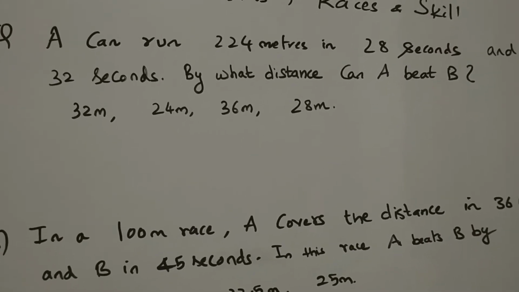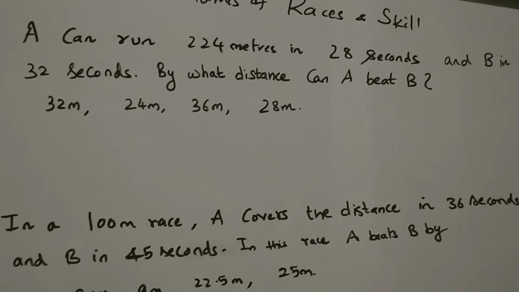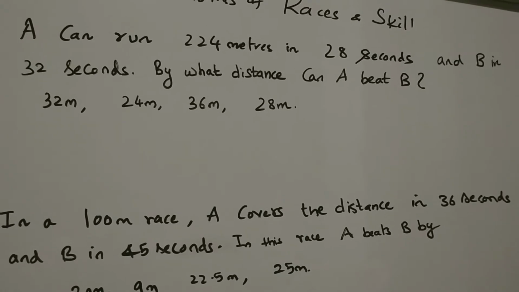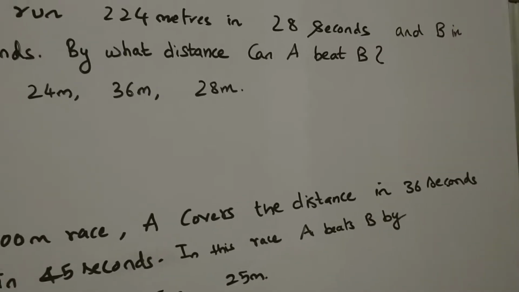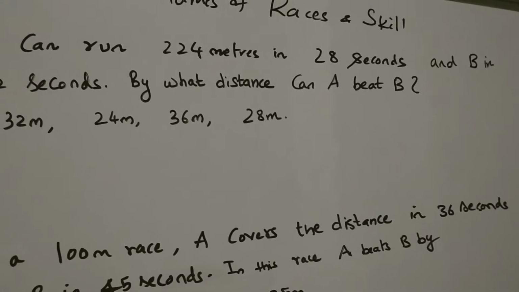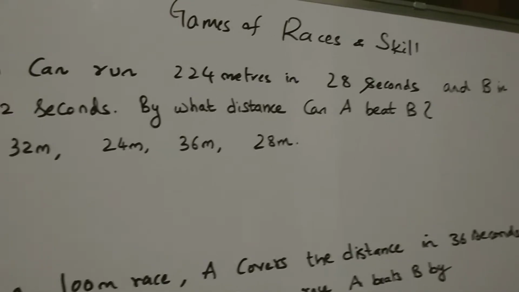That is the question. See here, 224 meters, A will take 28 seconds, B will take 32 seconds. Now, speed is equal to distance by time.